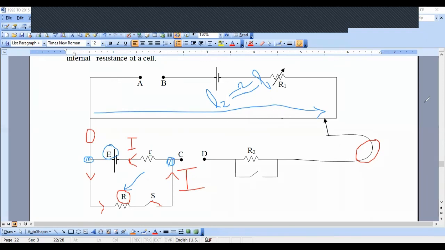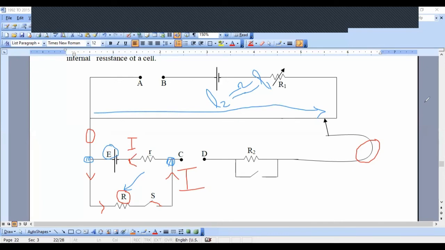When capital R is larger, the balance lengths L1 and L2 will be approximately equal.